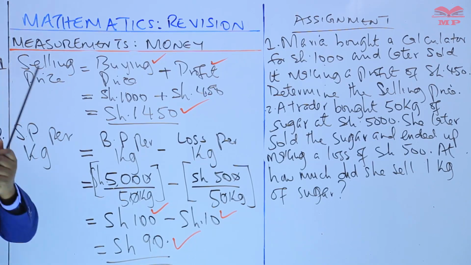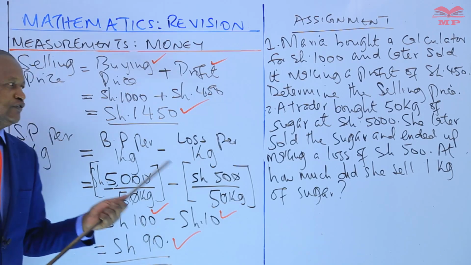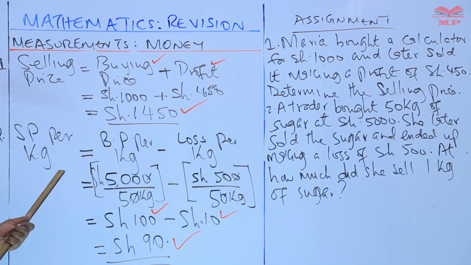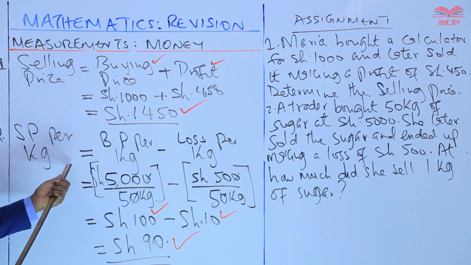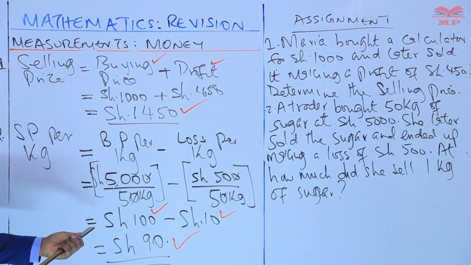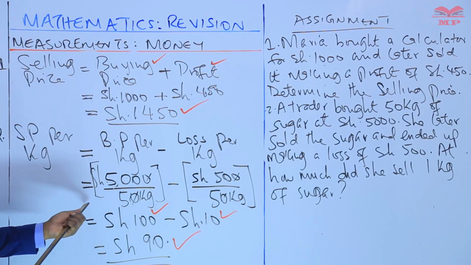When you have word problems, learners, step number 1, put down the formula. Then you'll be guided by the formula to get the answer by checking from the question the inputs of the formula.